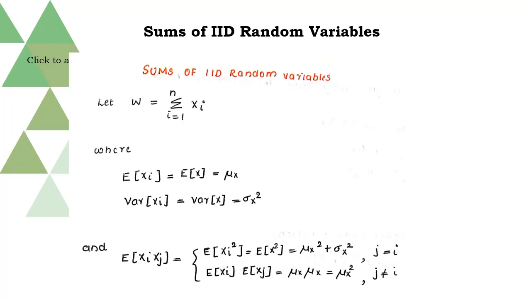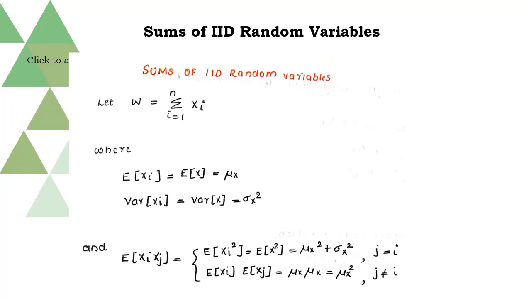Now if you are going to calculate expected value of xi multiplied by xj, then it will be equal to expected value of xi square if i and j are equal. So expected value of xi multiplied by xi will be expected value of xi square.